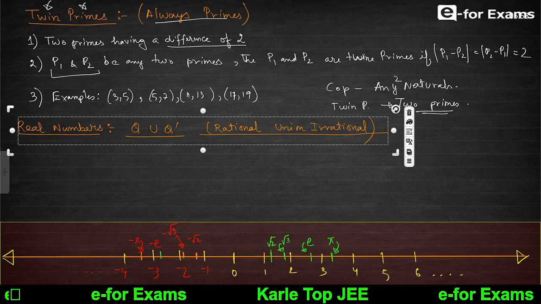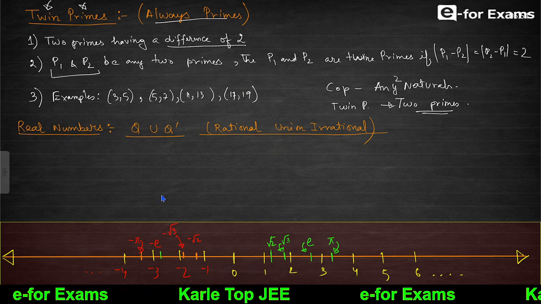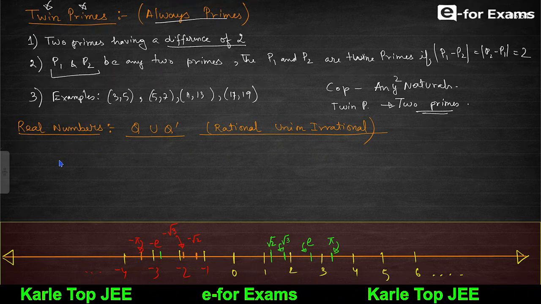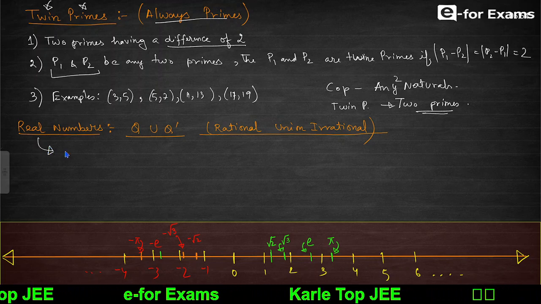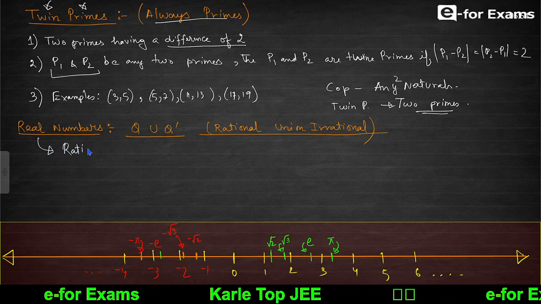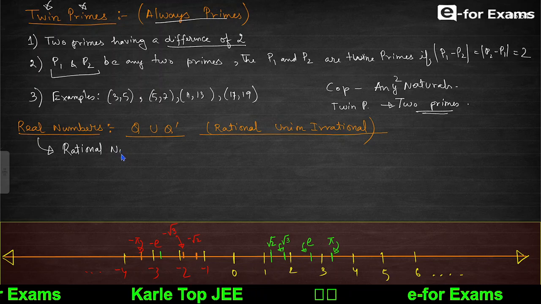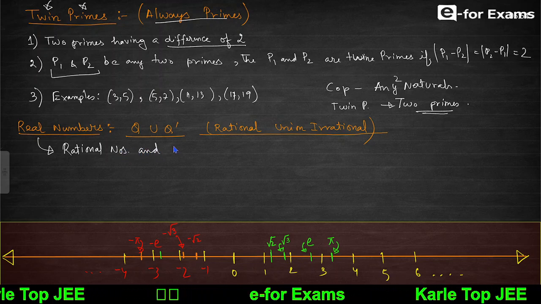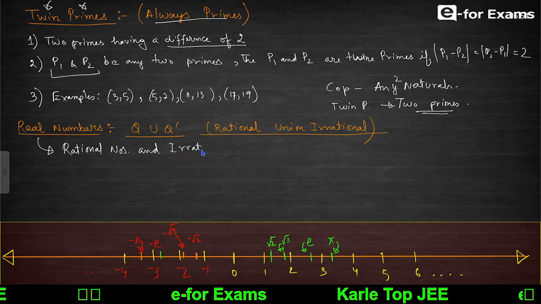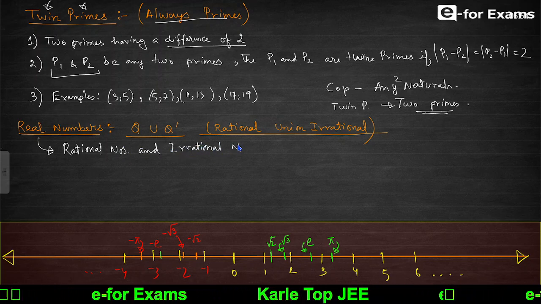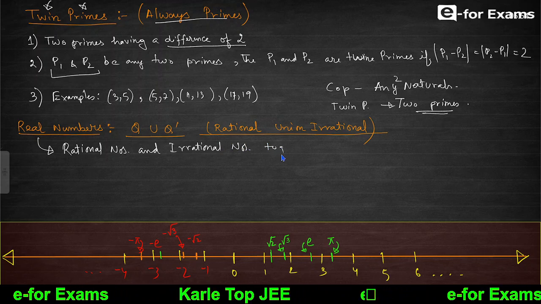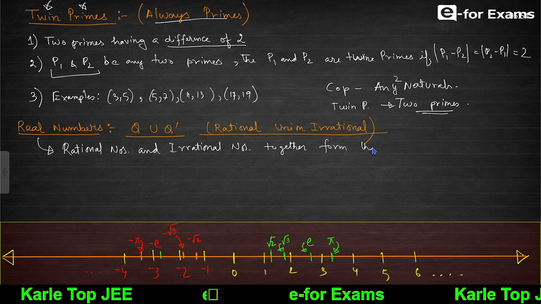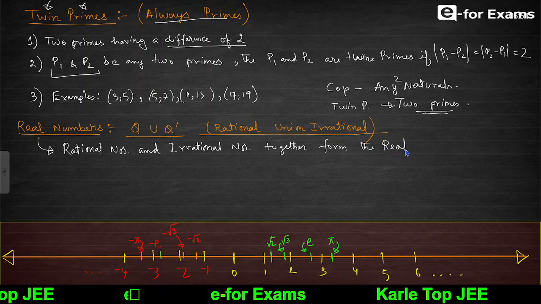Next, let's start real numbers. As I had already said earlier, real numbers is nothing but rational numbers and irrational numbers together form the real number.